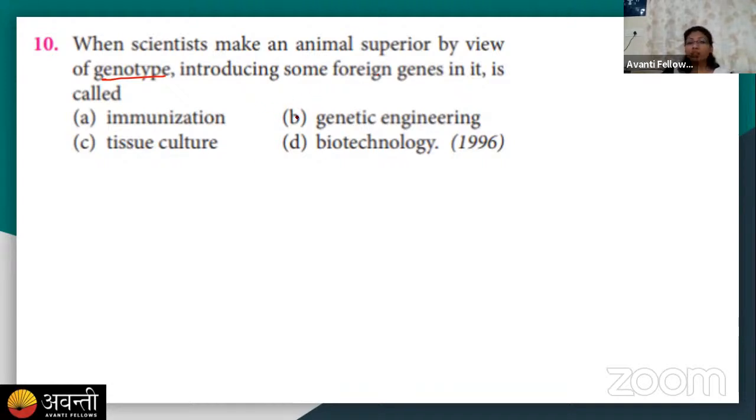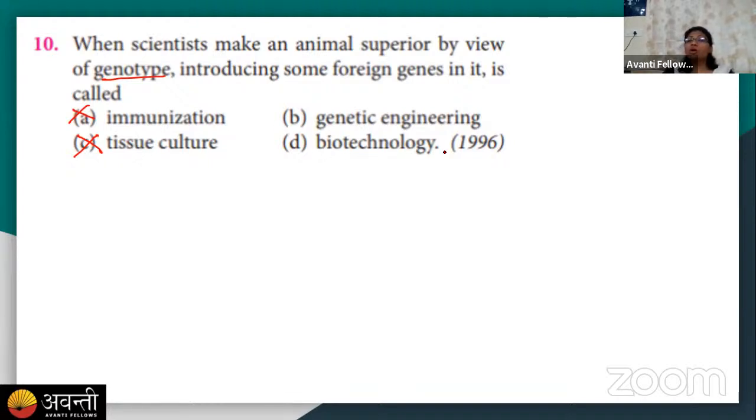So out of these four, immunization is the activation of your immune system. Tissue culture, in that we are just growing the same kind of plant, or we are just growing the number of cells by providing a specific culture medium. Here we are not doing any kind of mutation or manipulation.